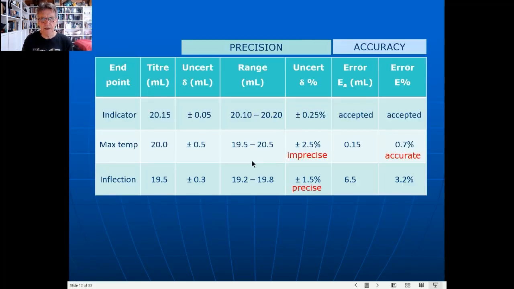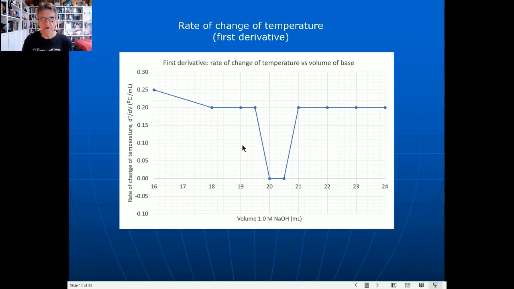I'll just go back to that and show you here. You can see the rate of change is flat here, so it's a constant rate of change, and then all of a sudden it goes to nothing at the top of the curve. So if you plot the rate of change of temperature versus the volume, where you get this big drop is actually considered to be the endpoint of the reaction.